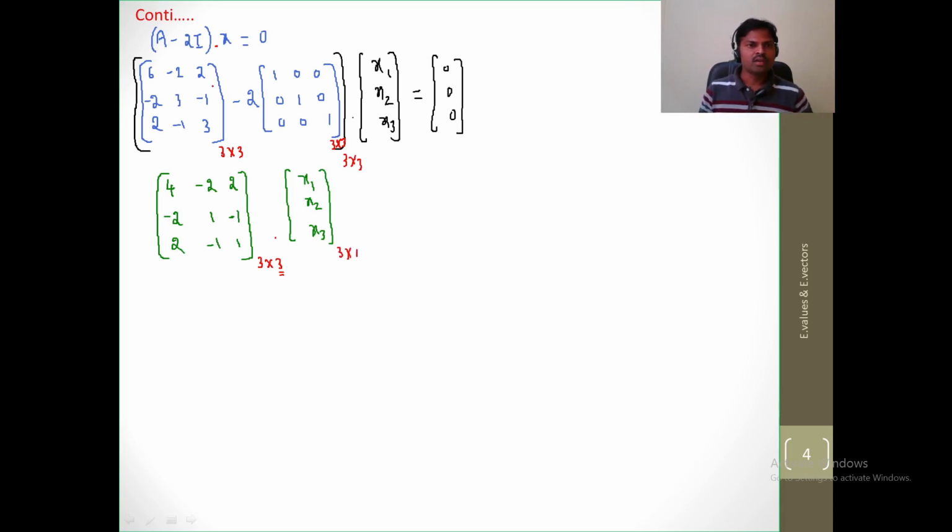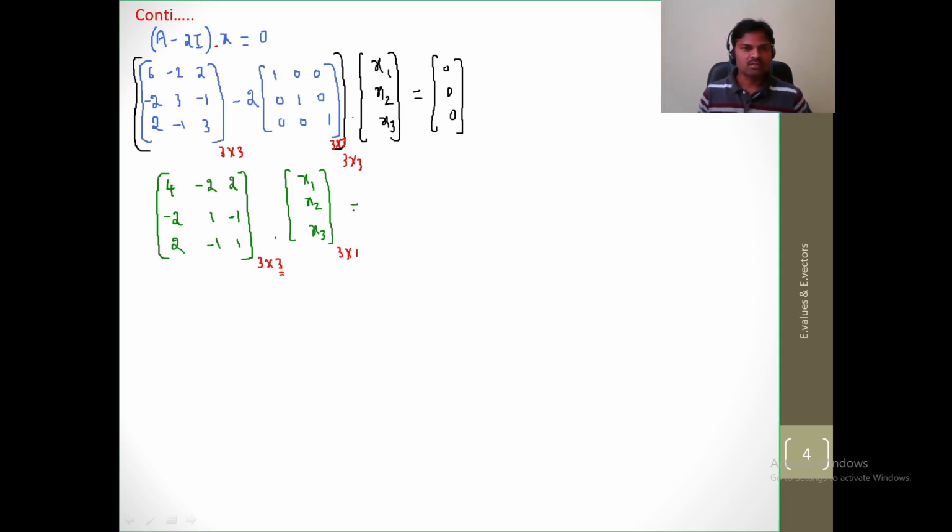For example, if A is a 4 by 4 matrix, then the identity matrix should be 4 by 4, the resulting matrix 4 by 4, and we take a 4 by 1 matrix x1, x2, x3, x4. Since it is 3 by 3, now we take a 3 by 1 matrix.